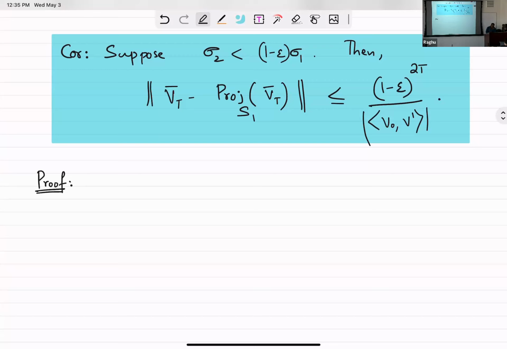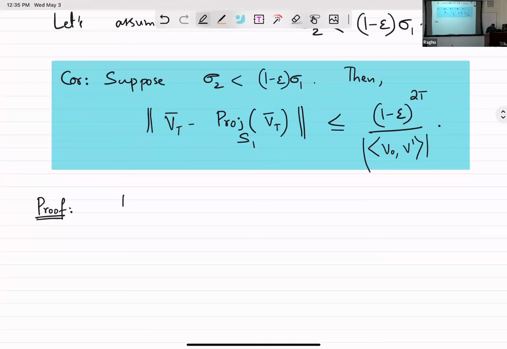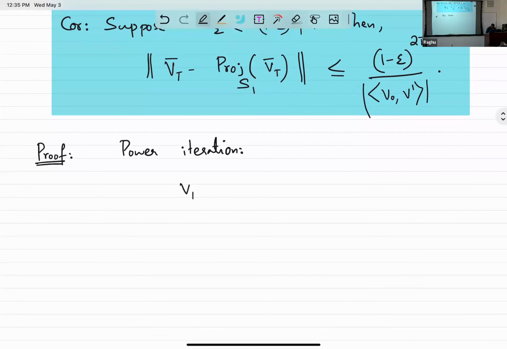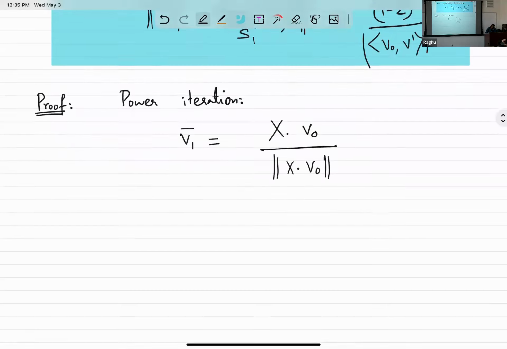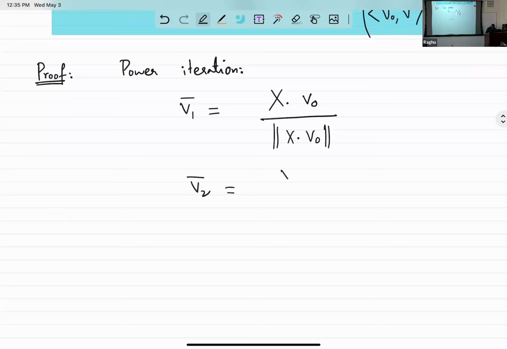In some sense, all we get to do is look at what the power iteration does. This should suggest, what was V1 bar? V1 bar was basically you multiply the matrix with the vector and then you normalize. These are the iterations that we have.